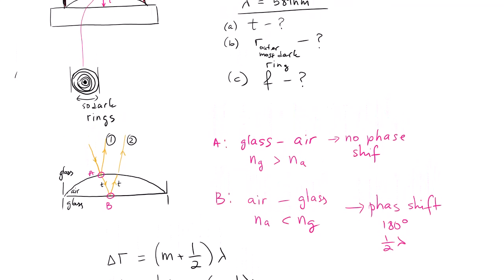Now let's find what is the radius of the outermost dark ring. So we said that the outermost dark ring will be exactly on the edge. Let's draw the diagram again. So we have the air between the plano concave lens.